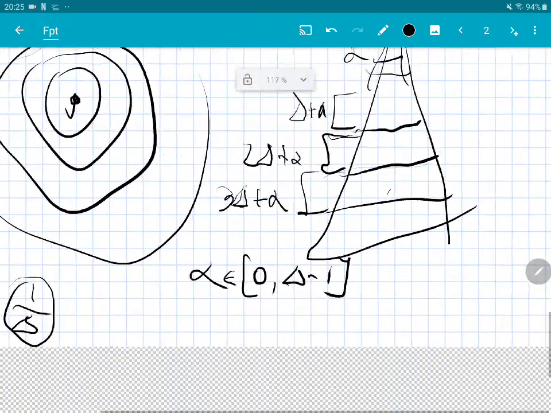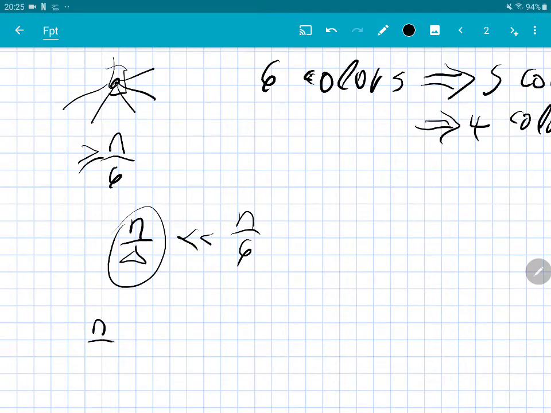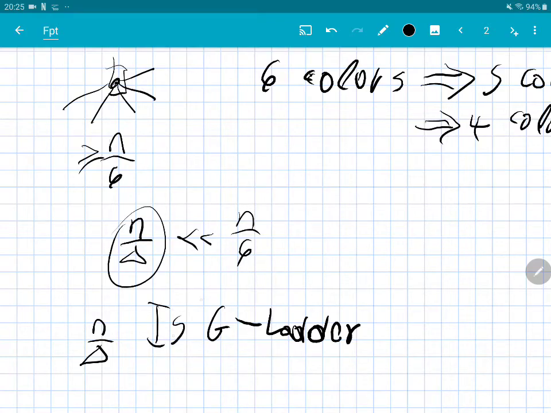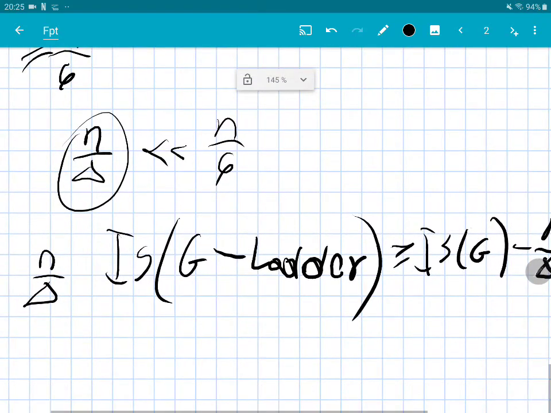If I do that, then in expectation, the independent set in G minus the ladder is going to be still quite large. It's going to be at least the independent set of the original graph minus n over delta, which is not much if delta is sufficiently large.